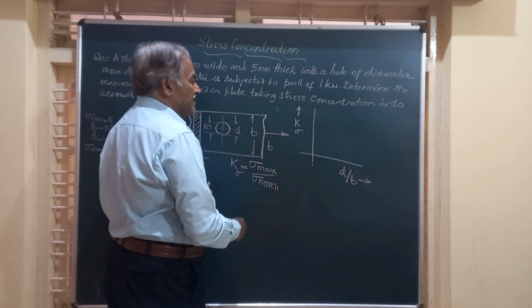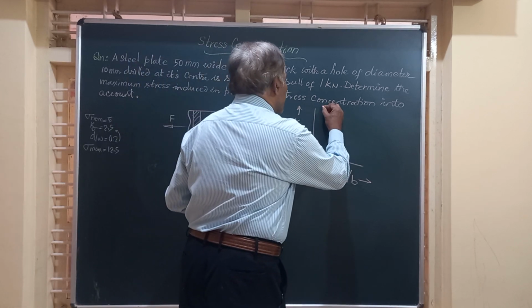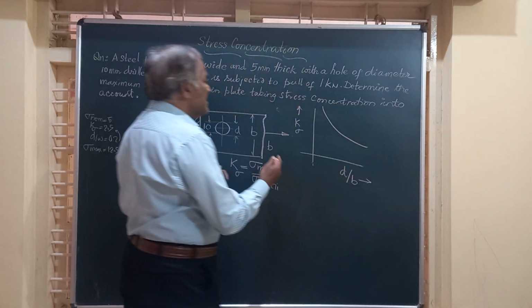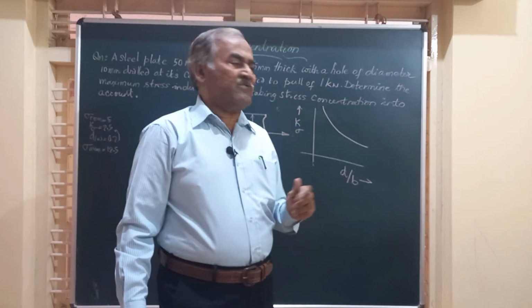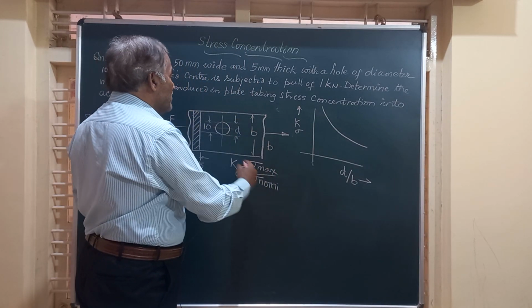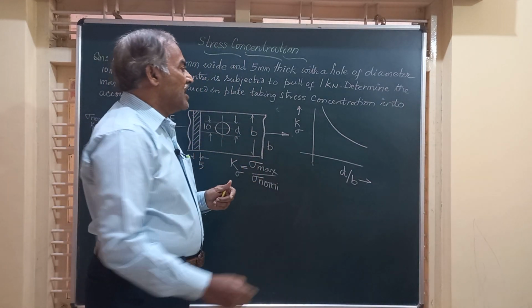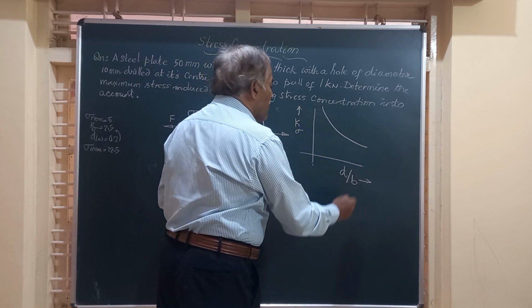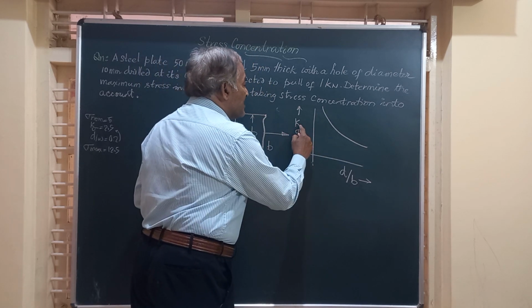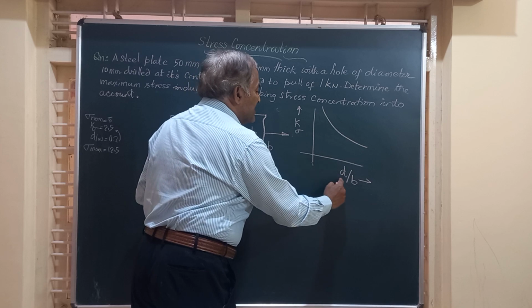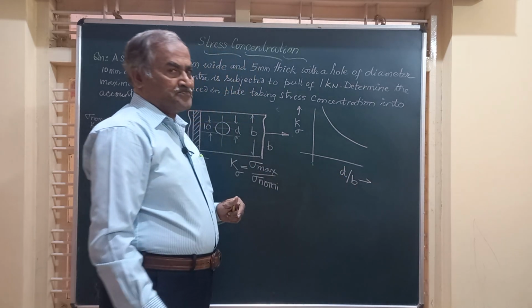It is one and the same. So friends, you have a graph like this. If you see the graph wherein the plate will be given like this with the load, and this is the curve how the stress concentration factor varies along with d by b.